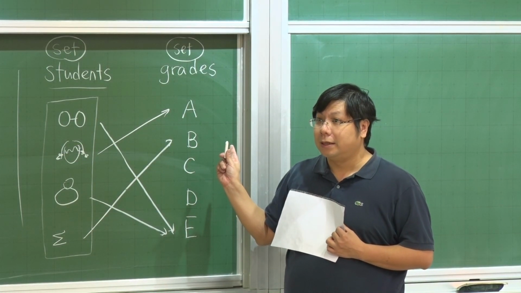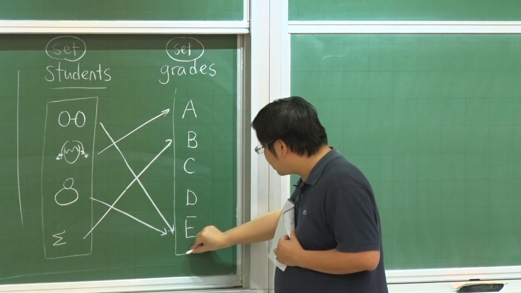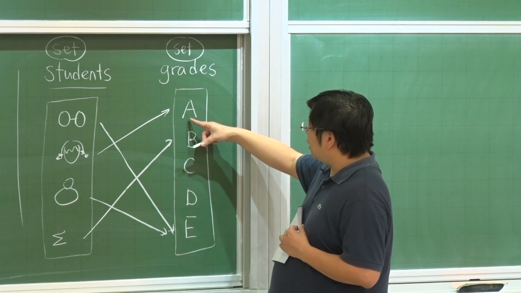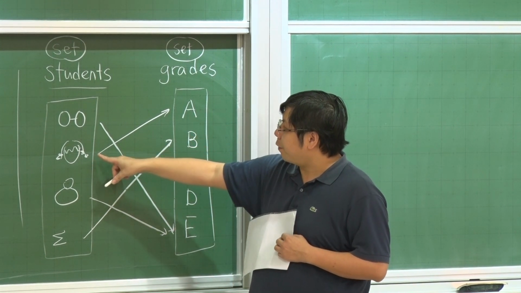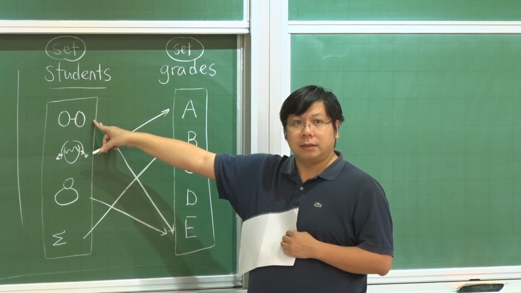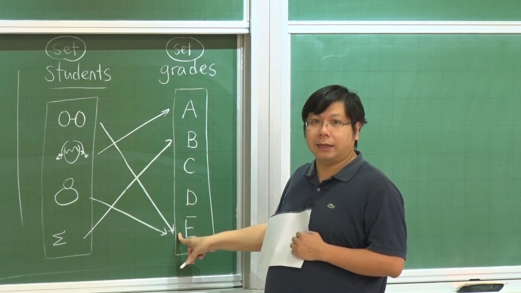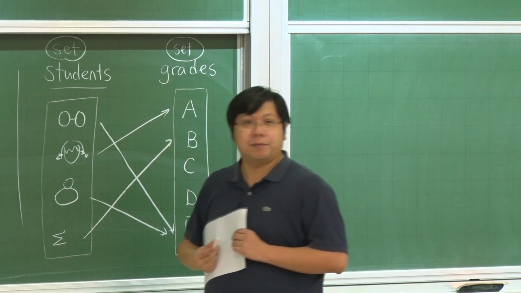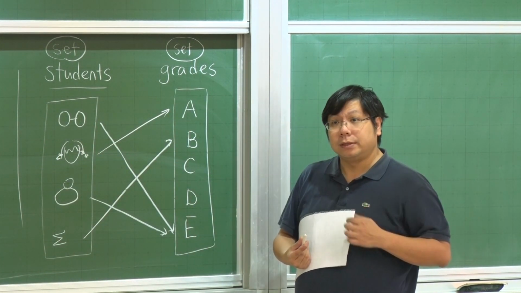On the other hand, we also check the other side. For each student in the first set, it is mapped to only one thing in the other set. So this is the other condition. Exactly one item of B is mapped to each student.